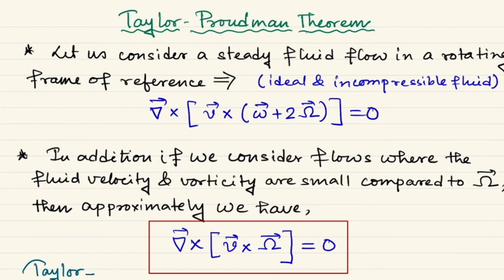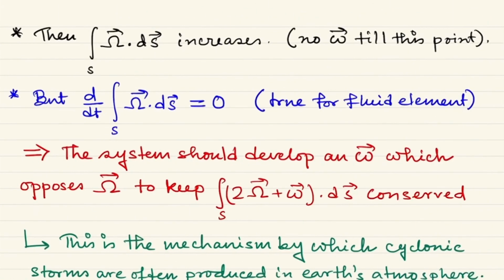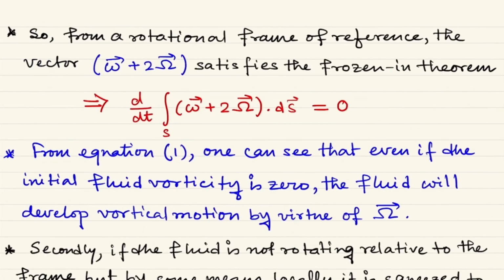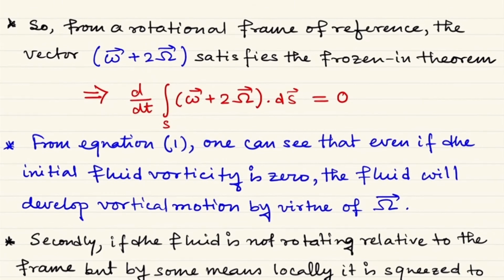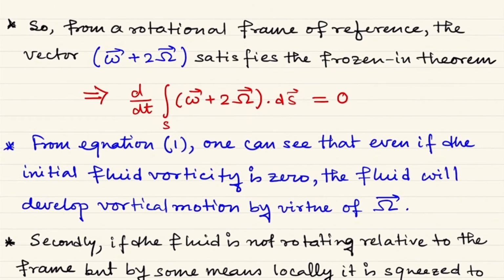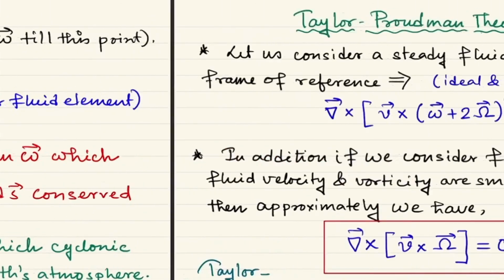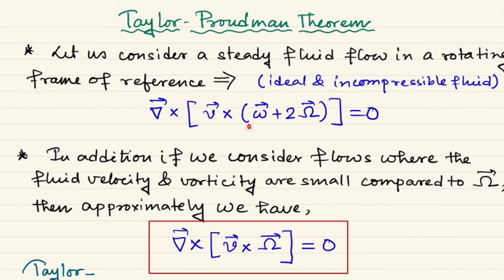So we have just seen that for a rotational frame of reference, moving with some angular speed omega, the frozen-in theorem is true for this quantity.